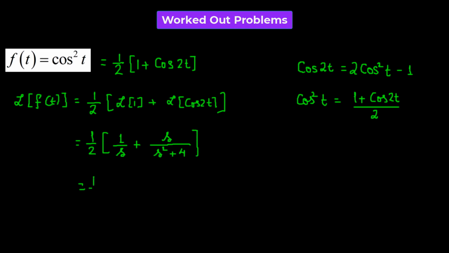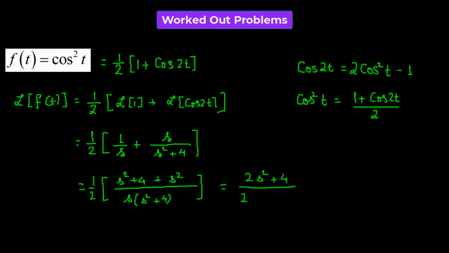So that gives us half multiplied by (1 over s plus s over s squared plus 4), and in the numerator we have s squared plus 4 plus s squared, and that's going to give us 2 times (s squared plus 2) divided by 2s times (s squared plus 4).